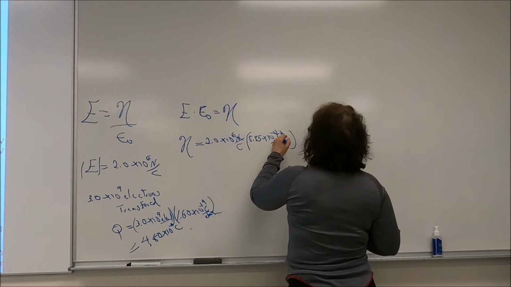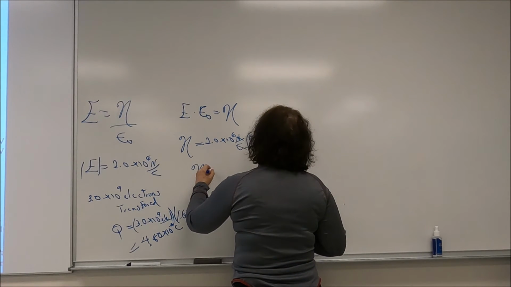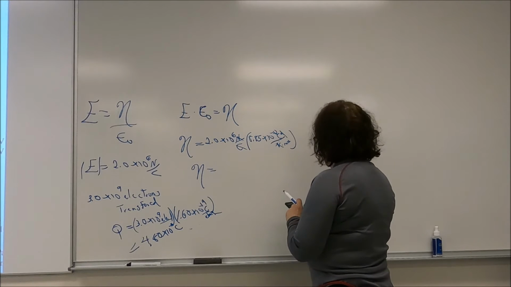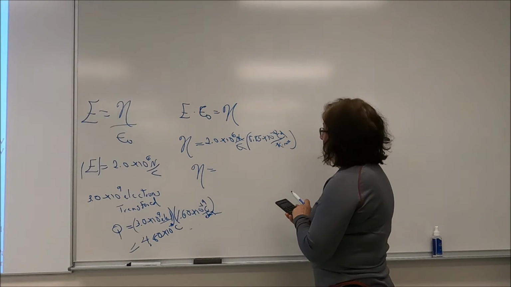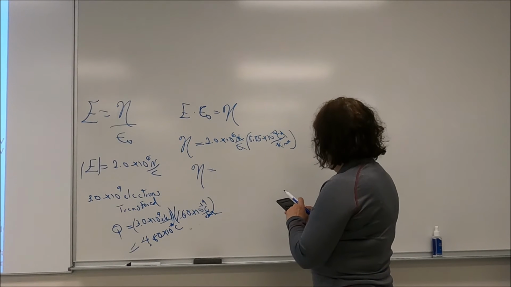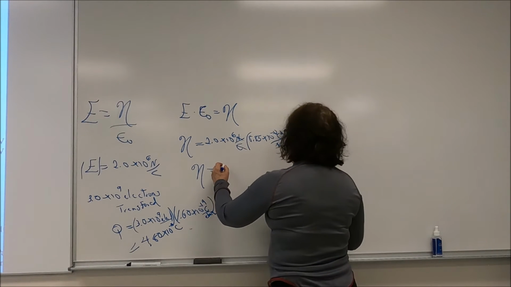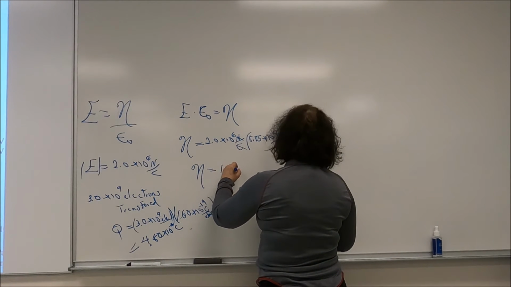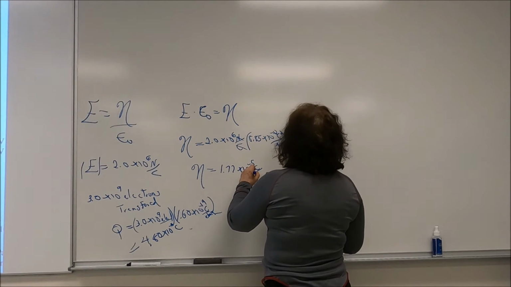So the newtons and newtons divide out and one of the coulombs divides out. So eta, 2 times 10 to the 6 times 8.85 times 10 to the minus 12 gives me an eta of 1.77 times 10 to the minus 5 coulombs over meters squared.